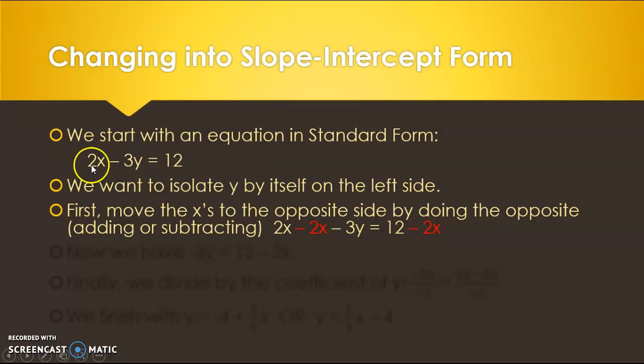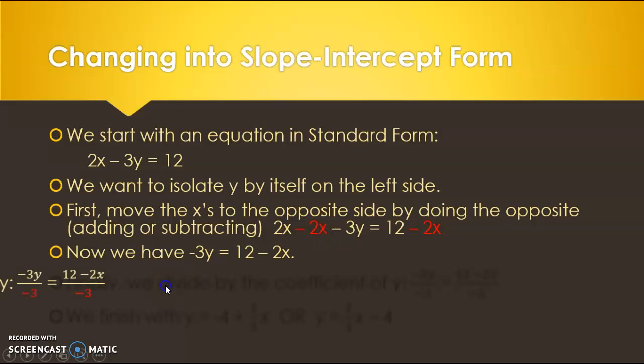So right here, we have a positive 2x. So to do the opposite, are we going to add or subtract? Well, we're going to subtract because right here it's a positive. We need to do subtraction to make it 0. Okay, so we have 2x minus 2x. Good, that gets rid of it on this side. Since we did it to one side, minus 2x, we have to do it to the other. All right, and so now we're left with negative 3y equals 12 minus 2x, because again, these two canceled out.